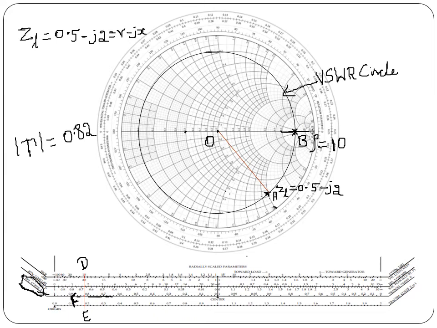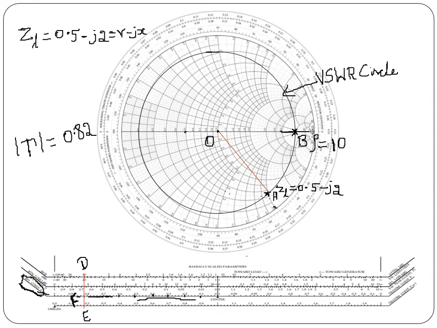See, reflection coefficient line here. You can read 0.1, 0.2, 0.3, 0.4, 0.5, 0.6, 0.7, 0.8, 0.82.